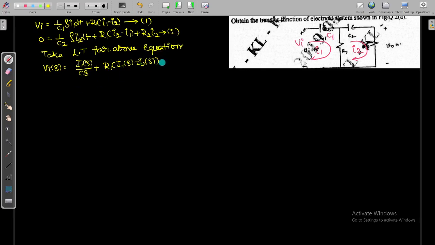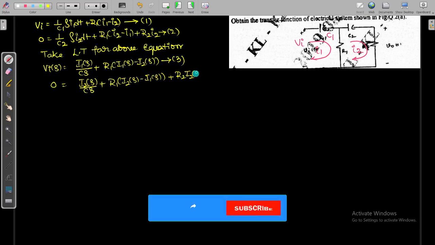This is equation number 3. Then 0 equals I2 of s divided by C2 s plus R1 into (I2 of s minus I1 of s) plus R2 into I2 of s. This is equation number 4.